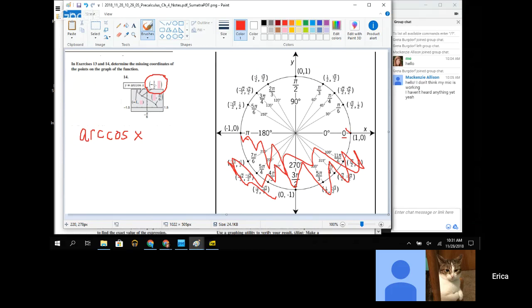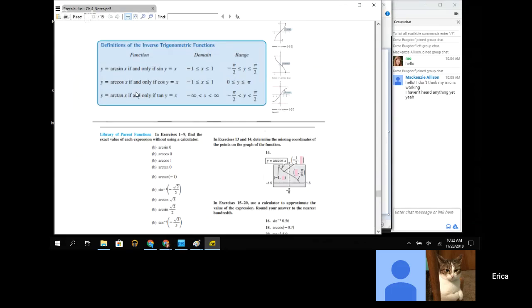If the arc cosine of x equals y, that is the same as saying that the cosine of y equals x. This is the definition of the arc cosine or the inverse cosine, and you'll find this in your notes too: y equals the arc cosine of x if and only if cosine of y equals x.